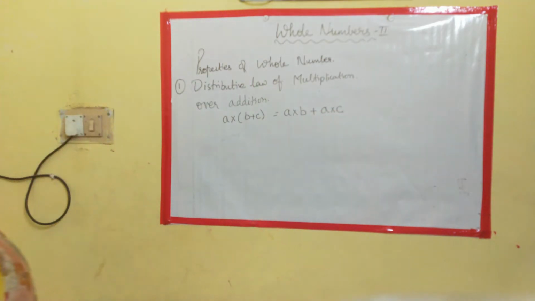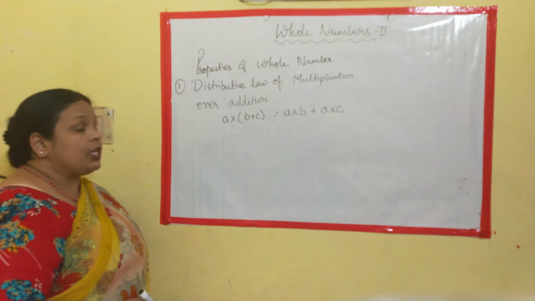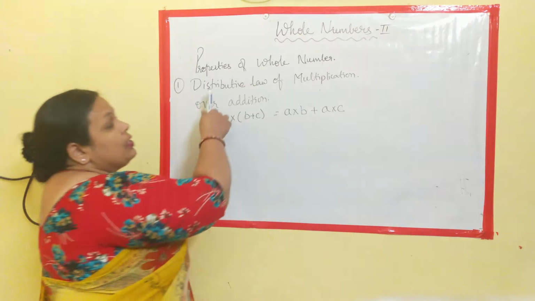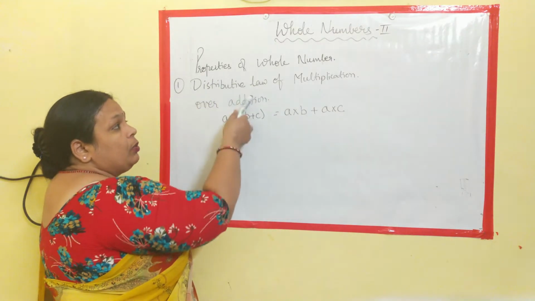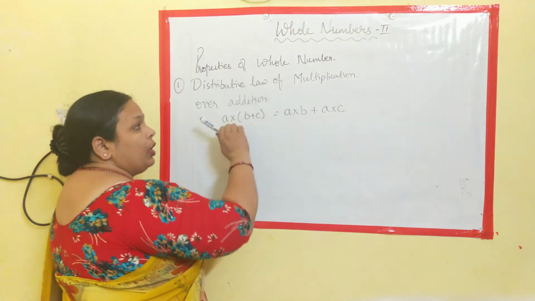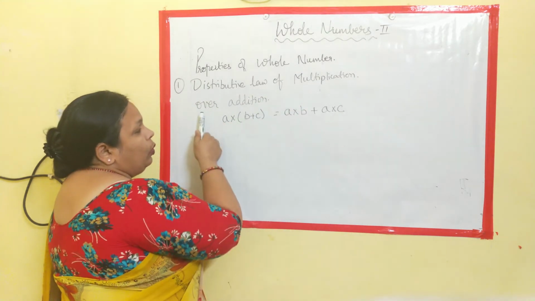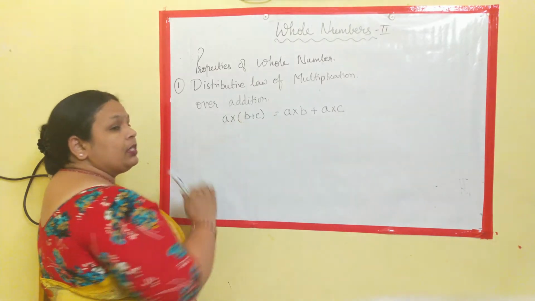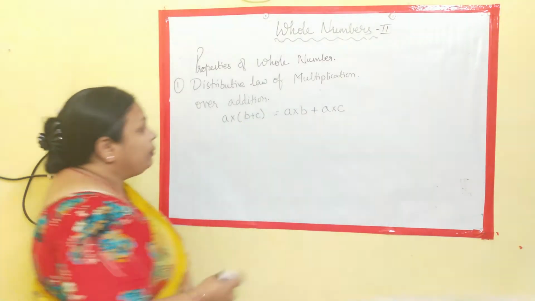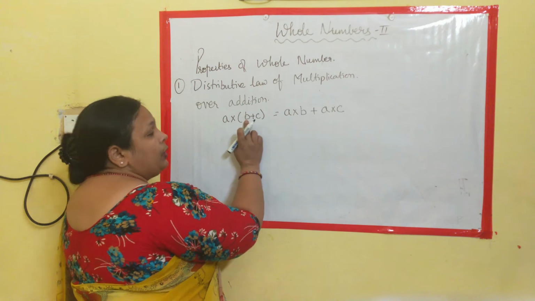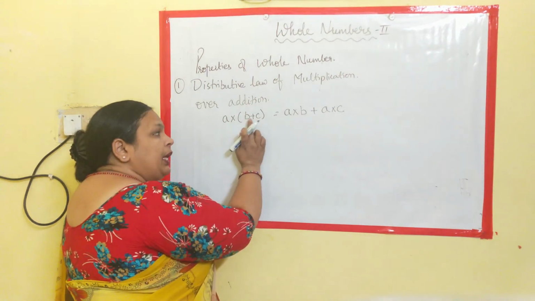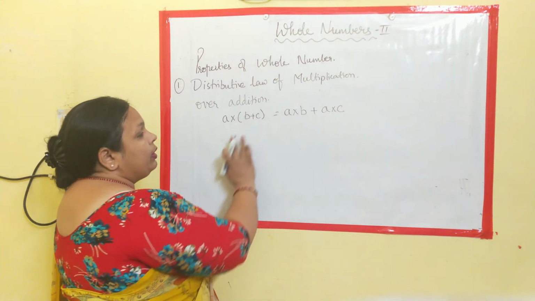Now as distributive law of multiplication says over addition, see, distributive law means to equally divide. Now what? Of means multiply, that is multiplication, over addition, that is B plus C. That means A will be equally divided among B and C. Remember the sign.